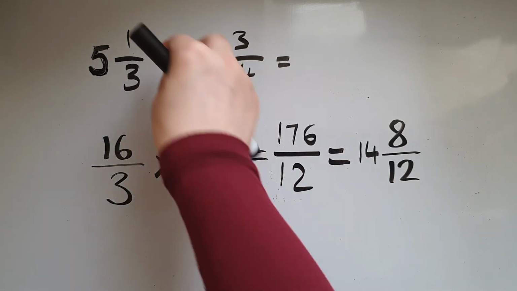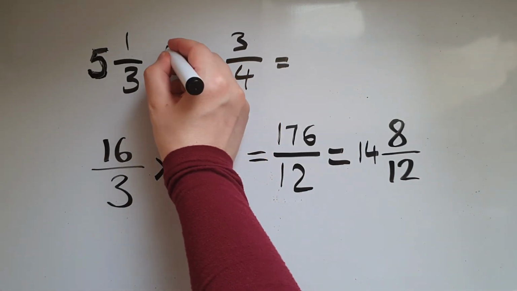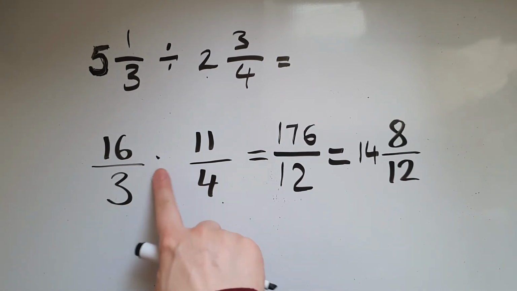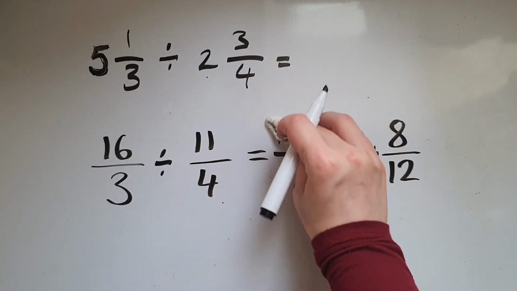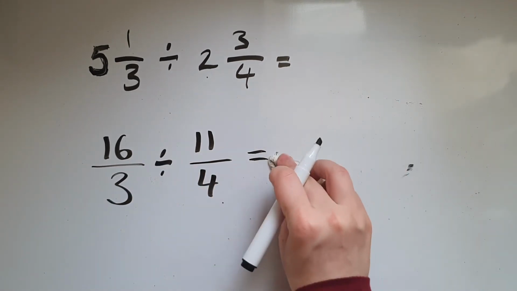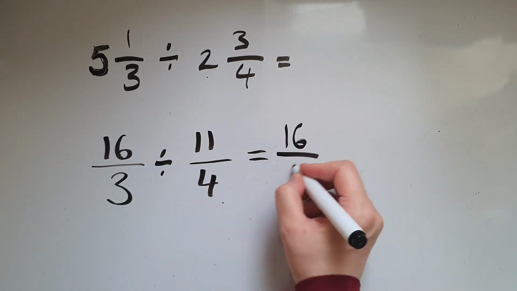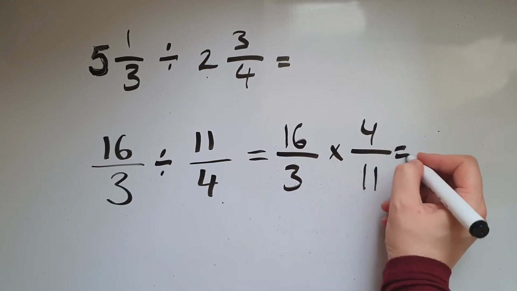And if we are dividing, again, we'd convert them into fractions. So this would be 16 thirds times 4 elevenths.